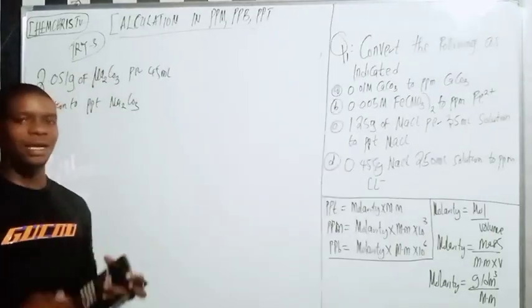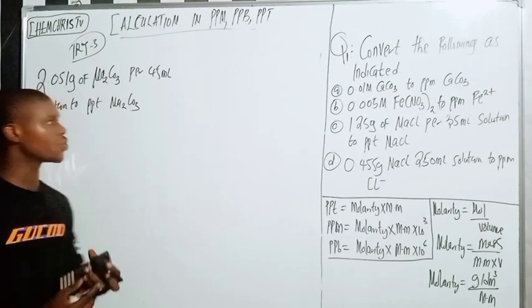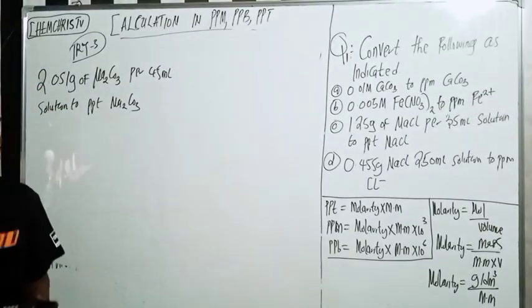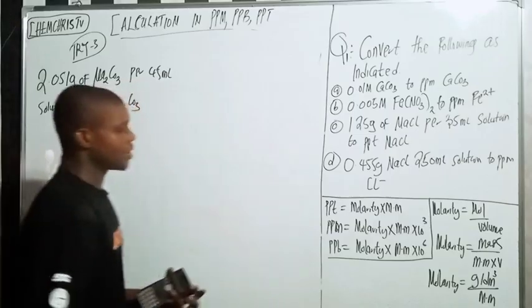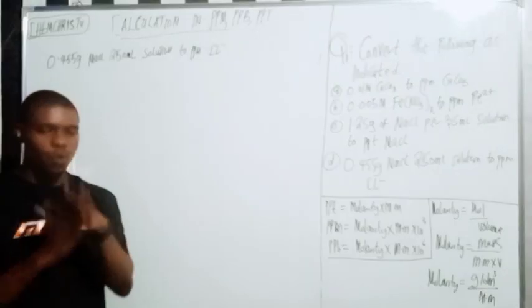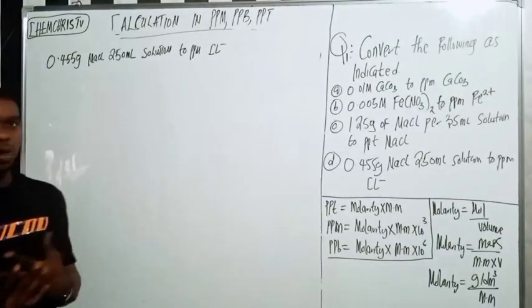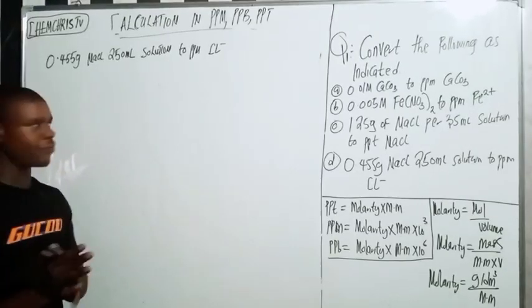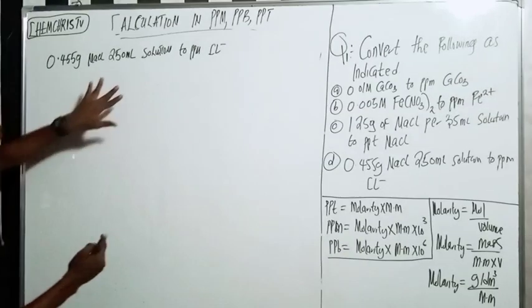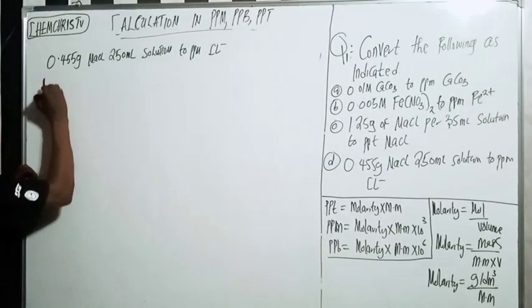So let me see the person that wants the correct answer here. Let's look at the D part. So here is exactly what we have already done, right? You can still pause the video and try this one yourself. Mass was given to me.